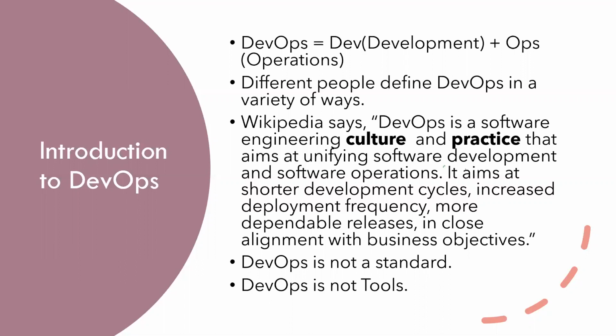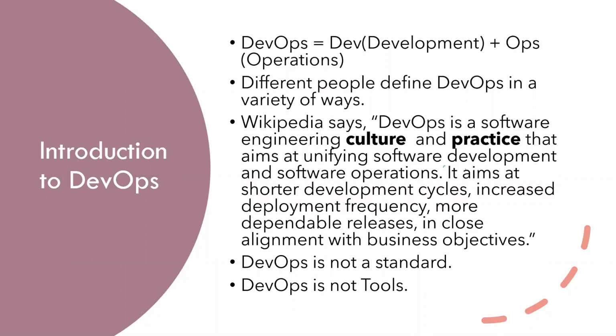The first and foremost thing to understand is that DevOps is a cultural movement. It is not any tool, technology, or standard, or anything which you were thinking until now. It is a culture, and there are certain best practices which are followed, which fulfill the purpose of this culture.